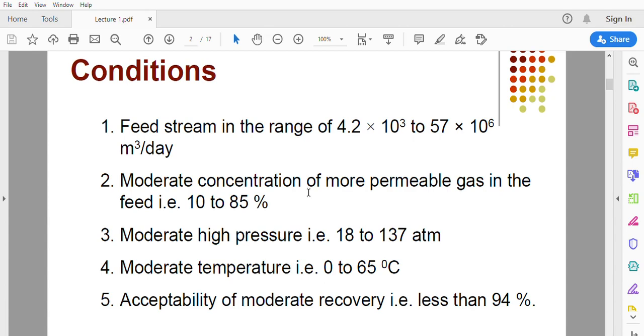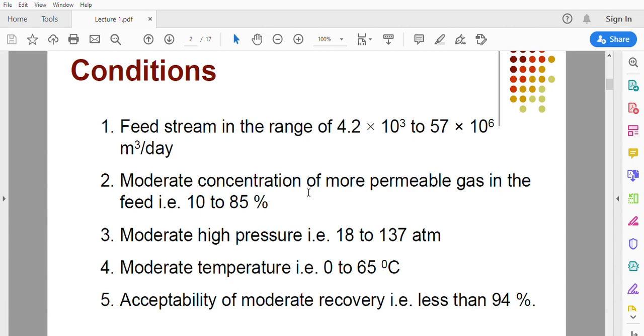If the pressure of the gas is very low, then the driving force is very low, so you will not get an adequate flux. And if the pressure is very high, like 300 atm or 400 atm, then your membrane cannot sustain that mechanical force, because most of the membranes used in this process are polymeric membranes. So you cannot use very high pressure. The pressure should be in the moderate to high range.